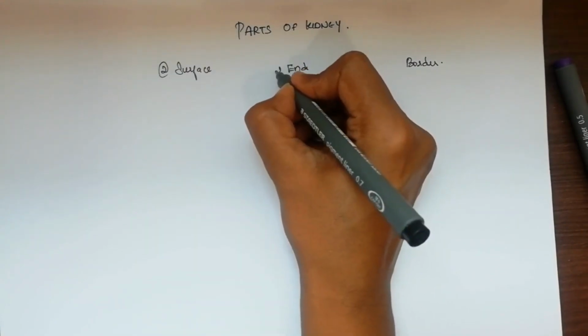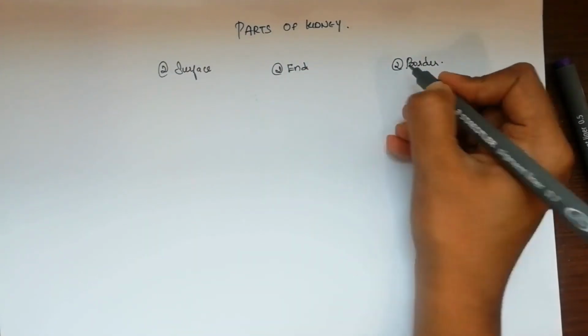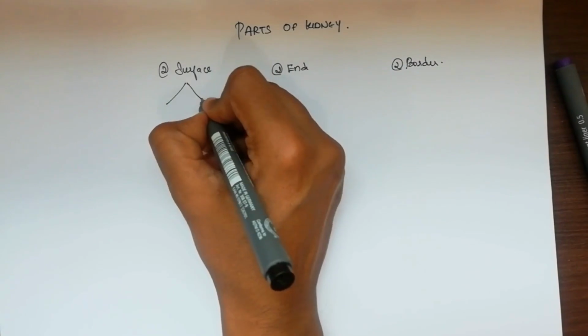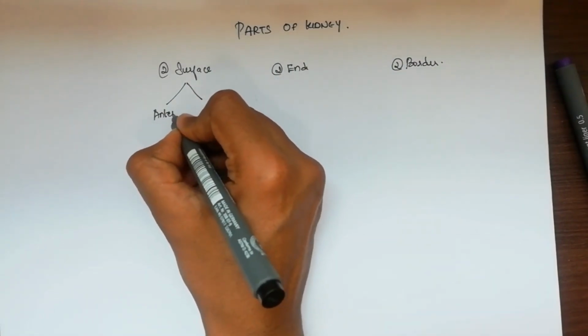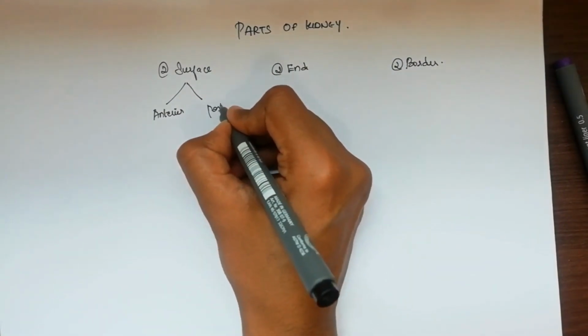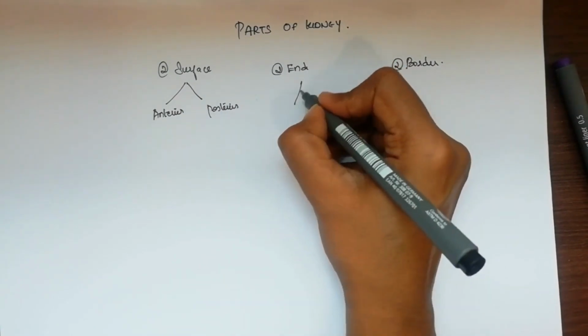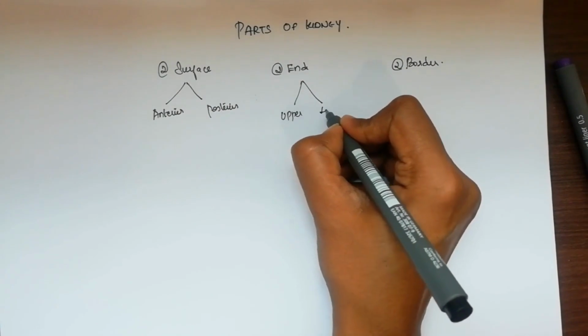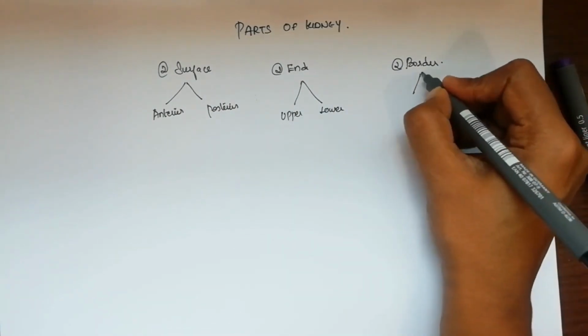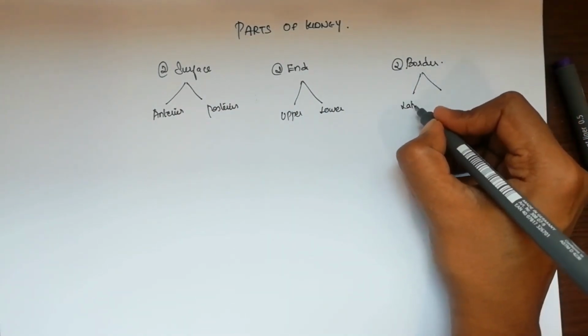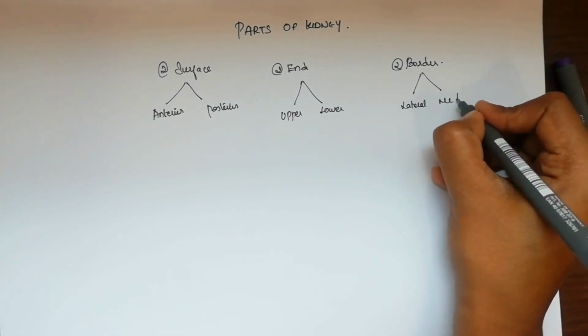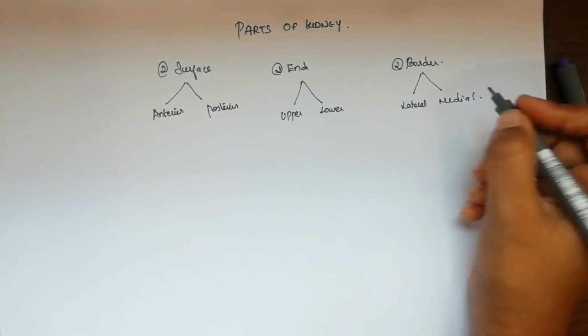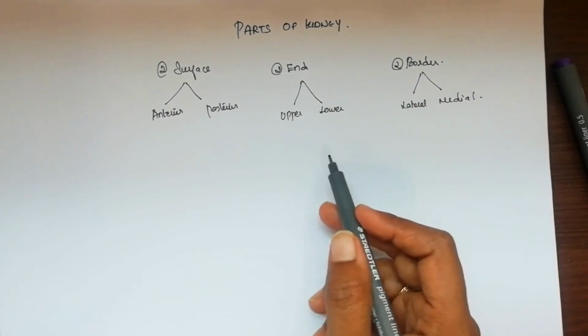All are 2 in number. So 2 surfaces, 2 ends and 2 borders. The 2 surfaces are anterior and posterior. The 2 ends are upper and lower, and the 2 borders are lateral and medial border.